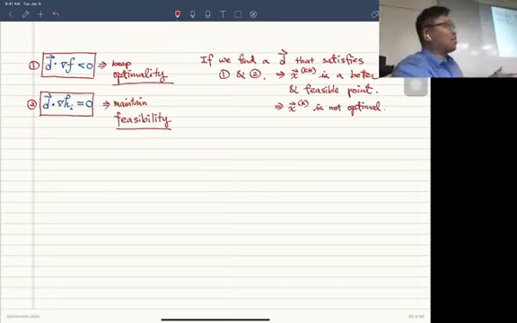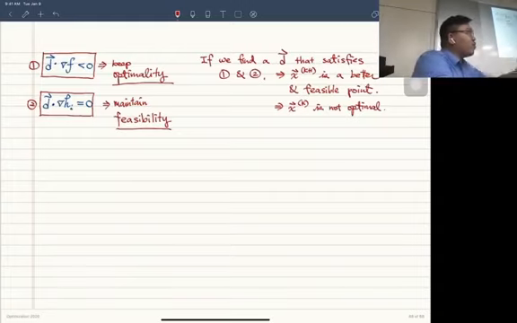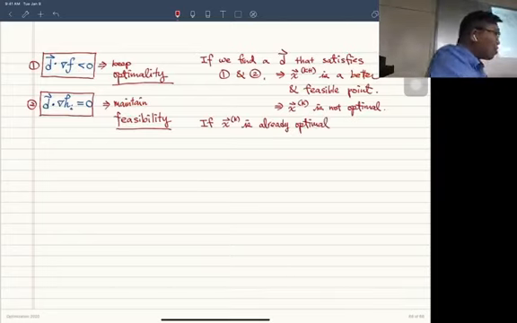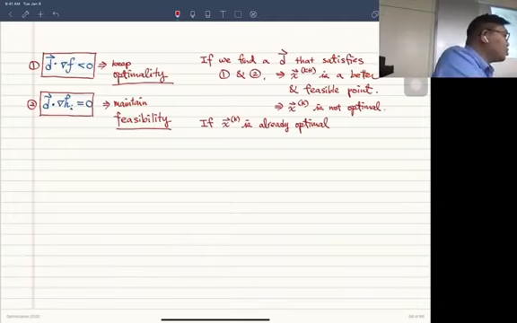So if we have this kind of argument, can we reverse the argument and see what's going to happen? Let's have a reverse discussion. If xk is already optimal, then it seems like statements one and two cannot be satisfied at the same time.